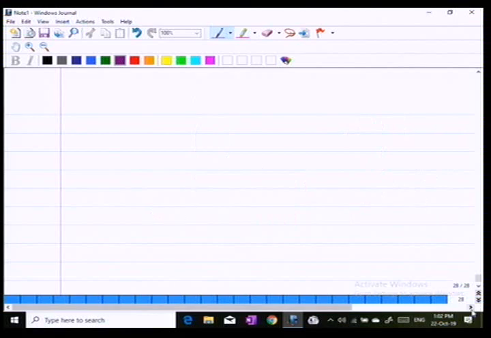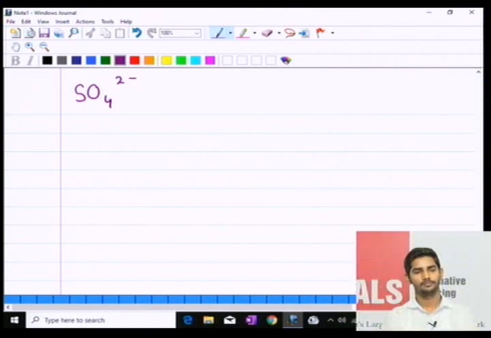Before drawing the next shape, can anyone please tell me the hybridization of SO4 2 minus? This is the question for you guys. Write the answer along with your name. If all have got the same answer, you can write them all. Determine the hybridization of SO4 2 minus. Need not draw anything, guys. Just use the n/2 and tell me the answer.